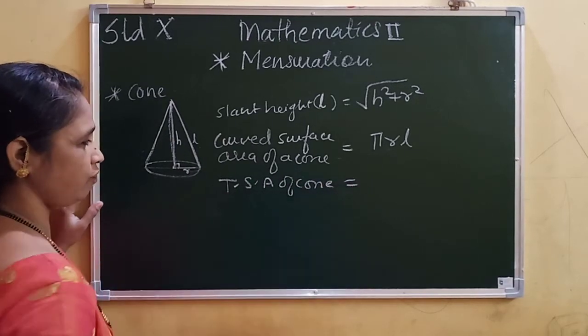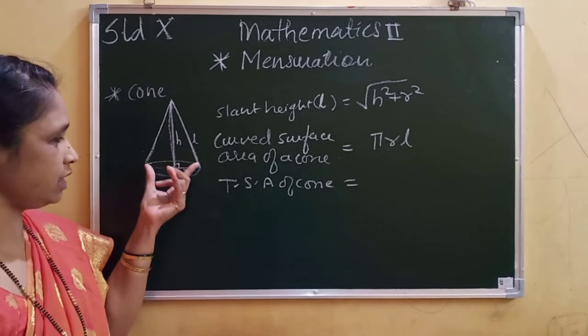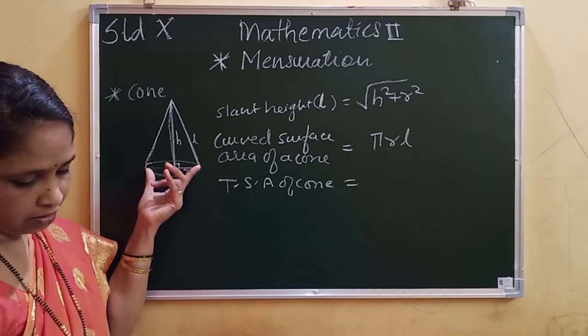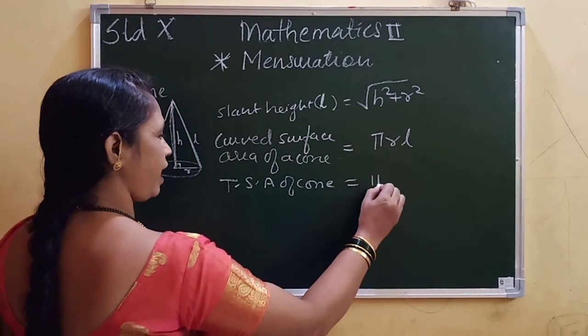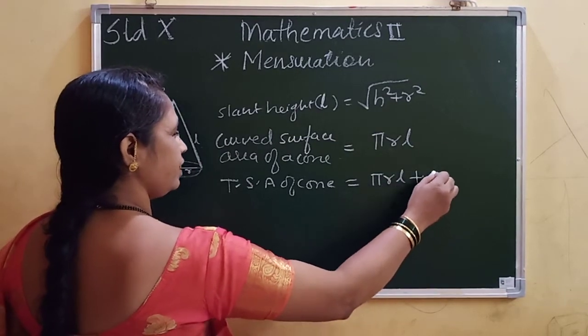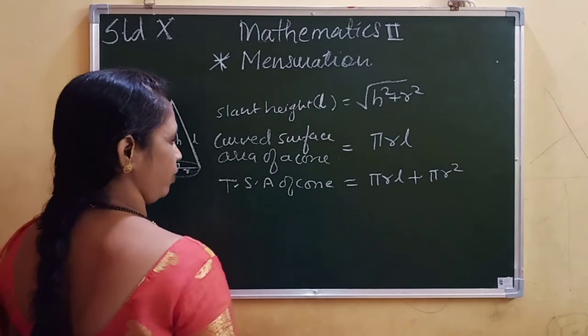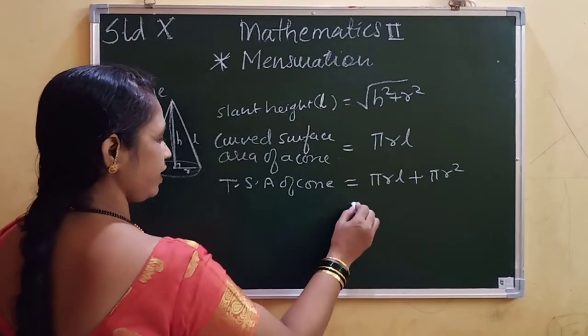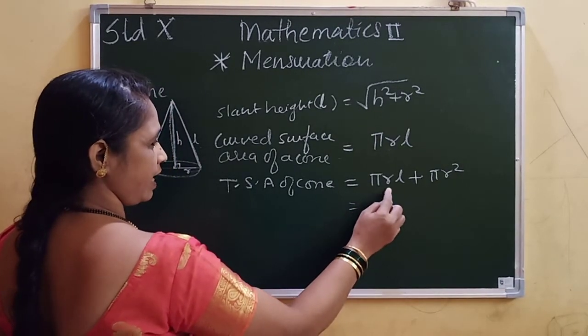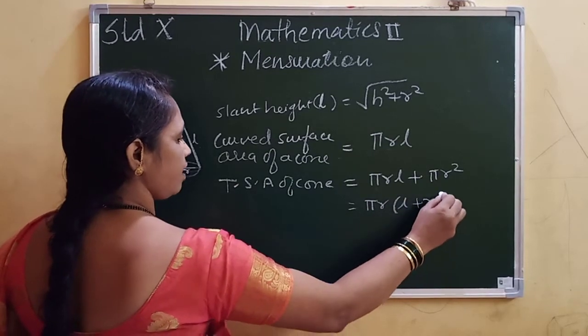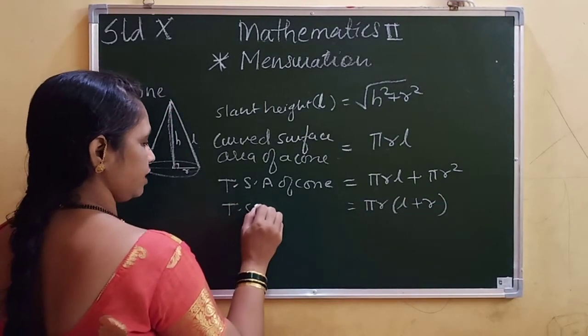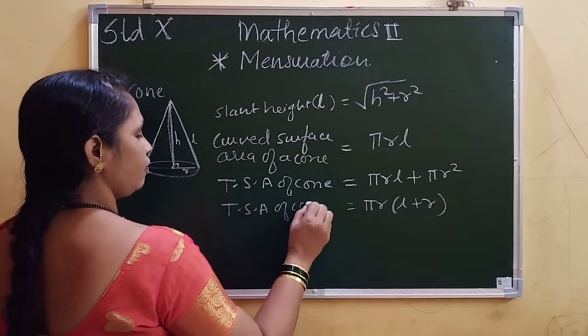Total surface area of a cone will be curved surface area plus area of base, means it will be pi r L plus pi r square. Okay, so how do we write this? Again see here pi r is common. So pi r bracket L plus r is the total surface area of a cone.